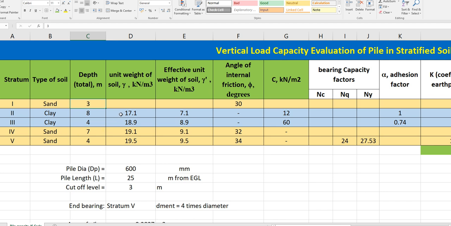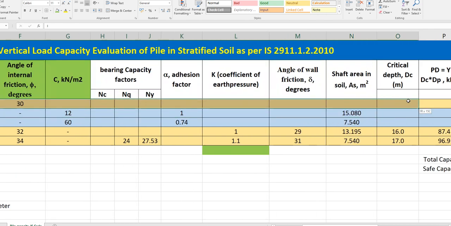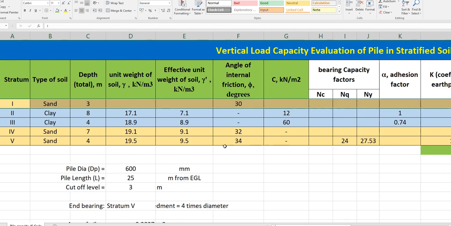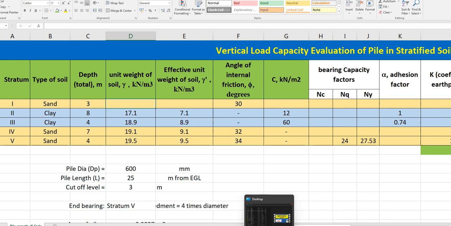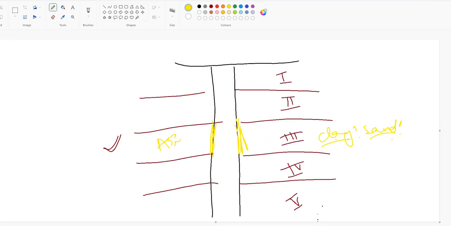Now we already have this unit weight. So why have we not done proper calculations for the sand up to, say, 3 meter depth? Any guesses? The basic reason is that the depth of embedment of the pile, or you can say the pile cutoff level, is minus 3 meters for our case. So we are starting our pile from minus 3 meters.